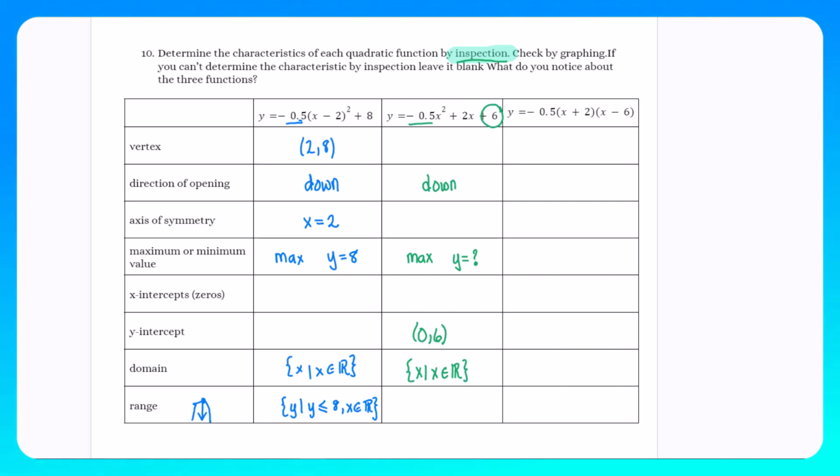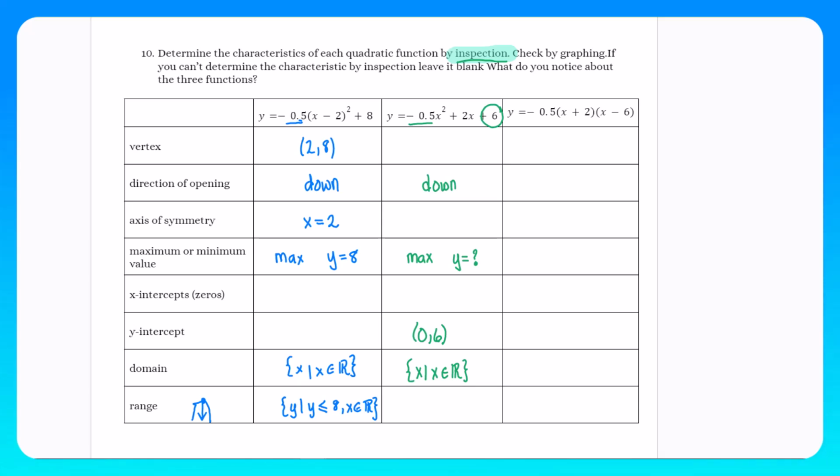And again, we can't give the range because we don't know the y. So as you can tell, this one gives us less information. It gives us some information that the vertex form doesn't give us, but it's missing more pieces.